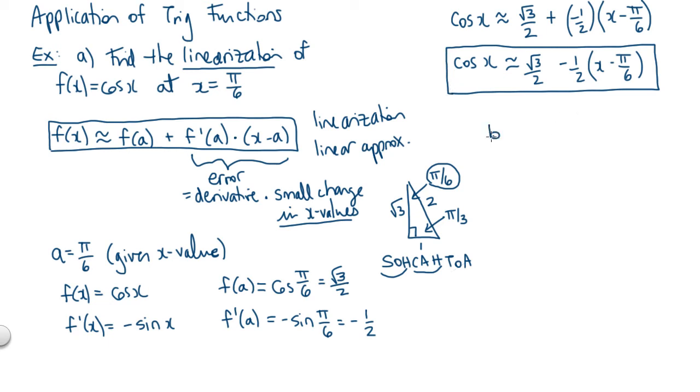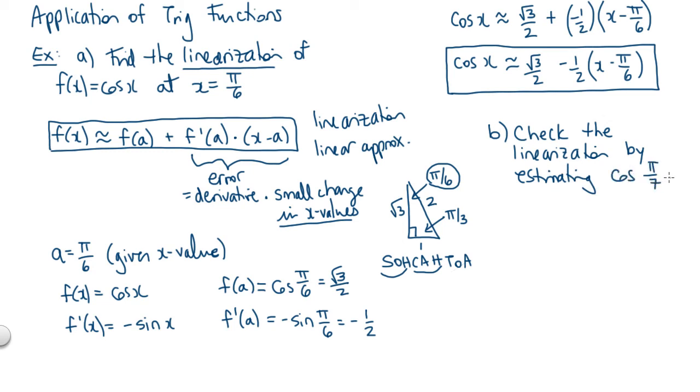For part B, let's check our answer. So let's check the linearization by estimating. Let's try estimating cos of pi over 7.